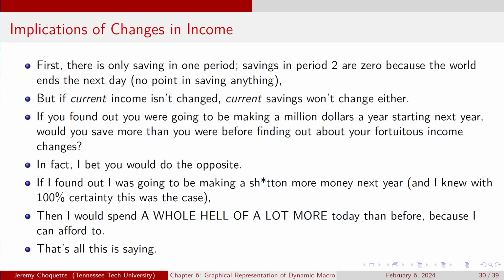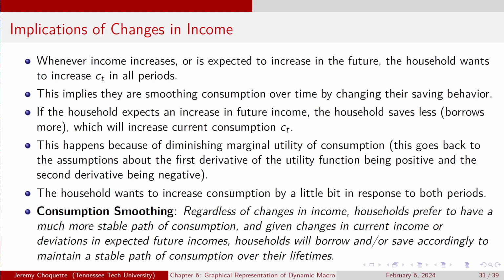Bet you do the opposite, actually. If I found out I was going to be making a lot more money next year, and I knew with 100% certainty that was the case, I'd be like, screw it, man, I'm spending a whole hell of a lot more money today than before because I can afford to. And that's really all that this is saying right here. You expect to make more money, thus your current consumption patterns will change a little bit.